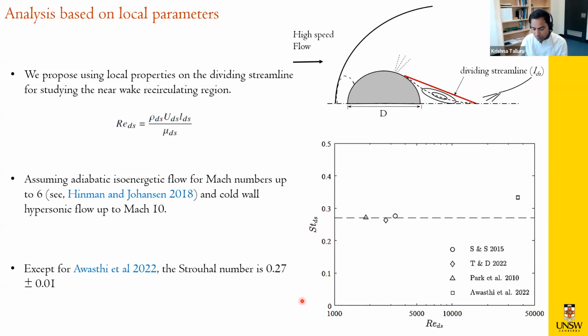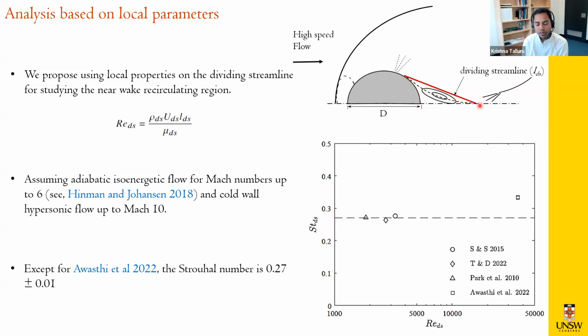But we believe that it's more complicated to estimate the dividing streamline from either experiments or simulation data, because it's highly dynamic. Sometimes the separation point is oscillating, so you cannot very well define the neck region.